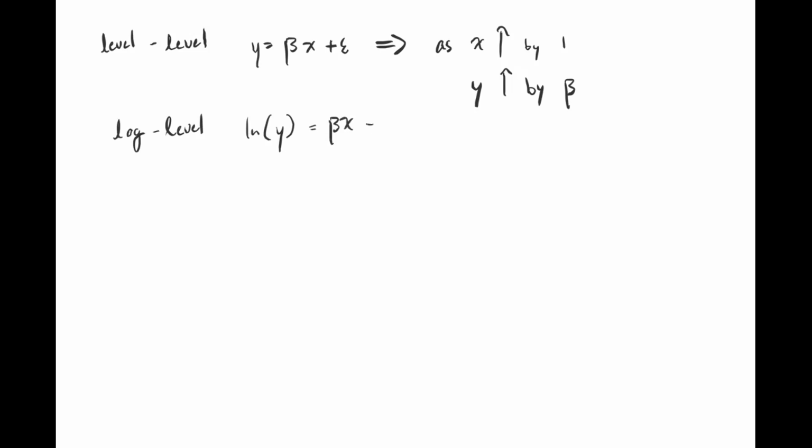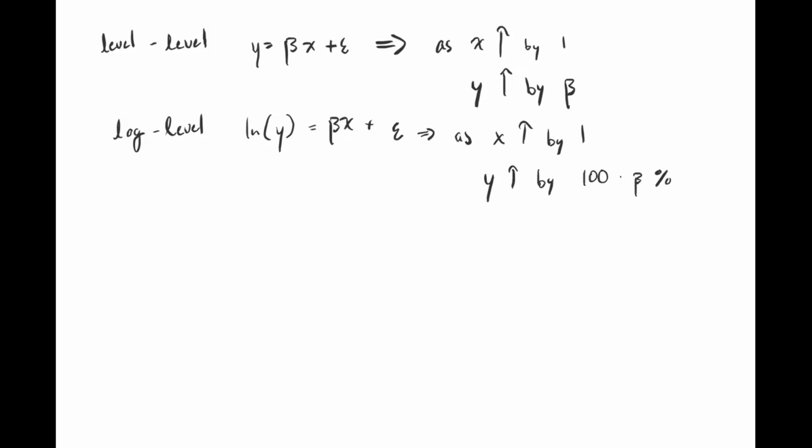So in this case, as x increases by 1 unit, y will increase by 100 times beta percent.